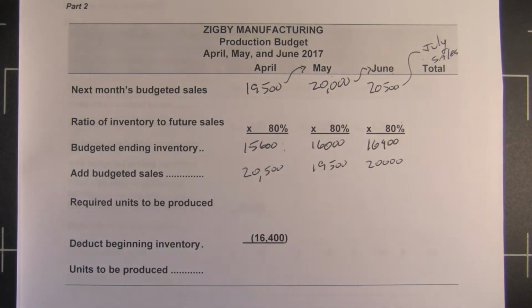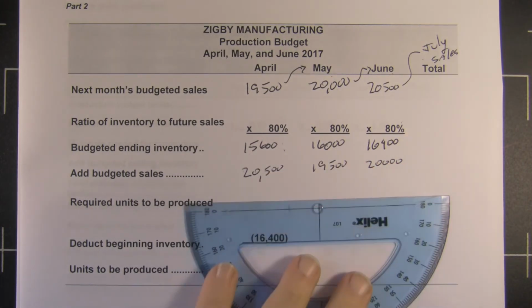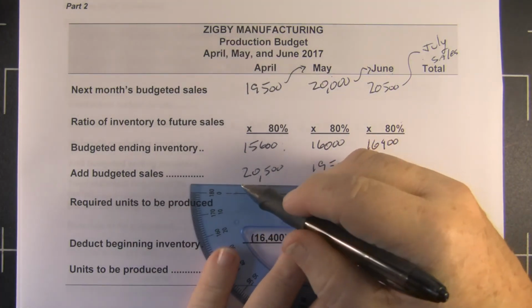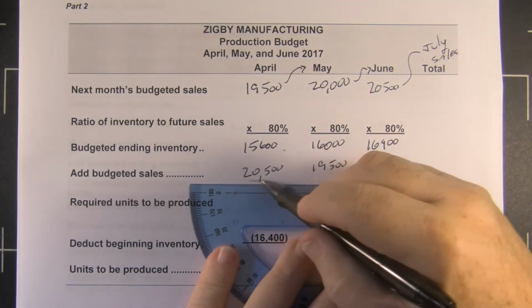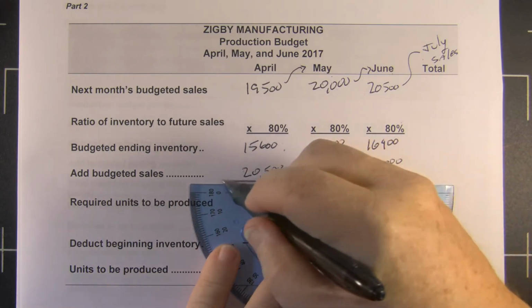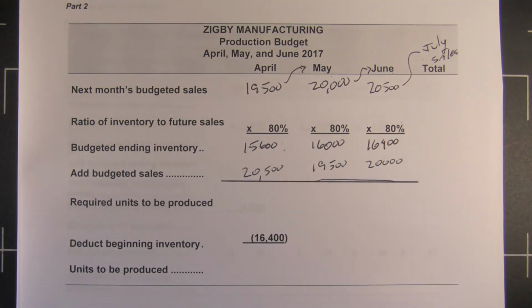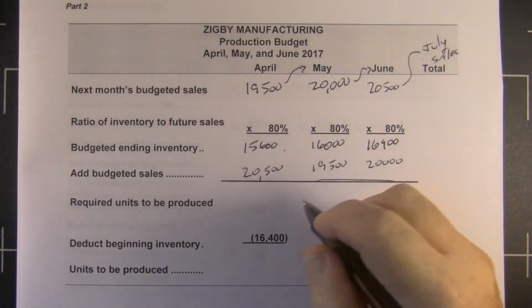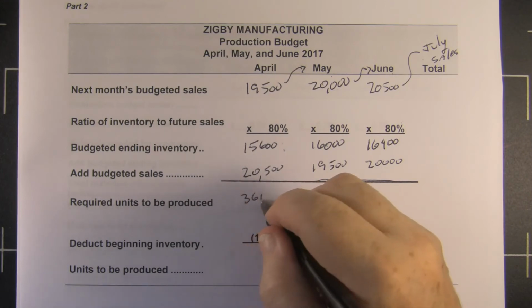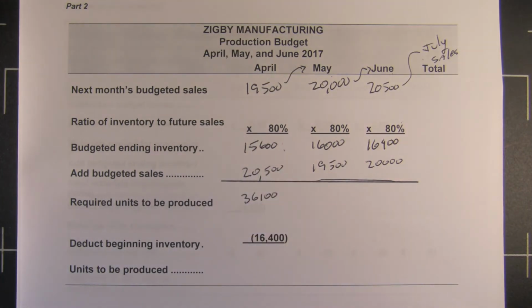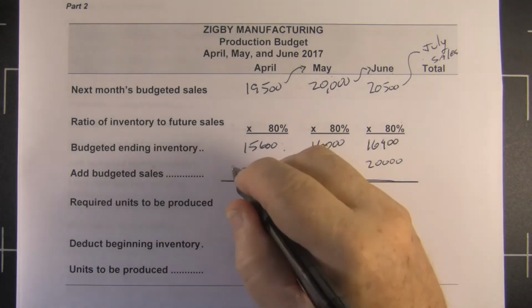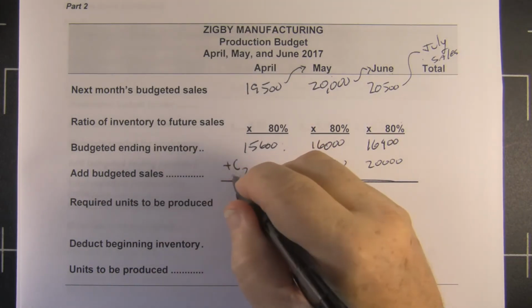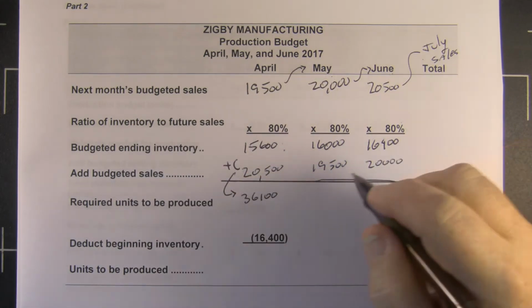So at the very minimum, we're going to need 36,100 units in April, and that's these two units added together.